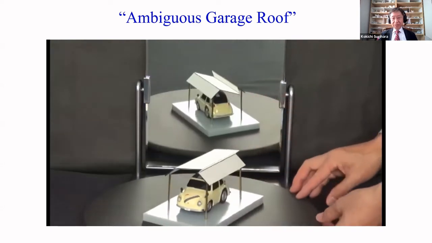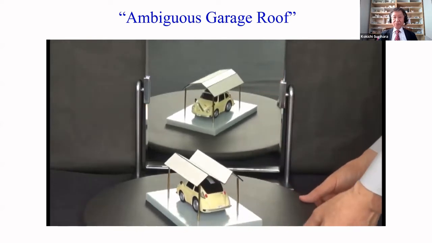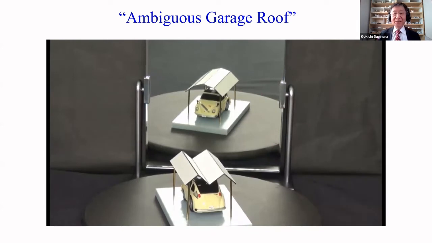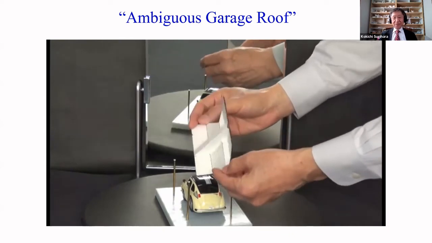And when we rotate it, we understand that we are looking at the same object from two different viewpoints. And when we rotate it by 180 degrees, the two appearances exchange.